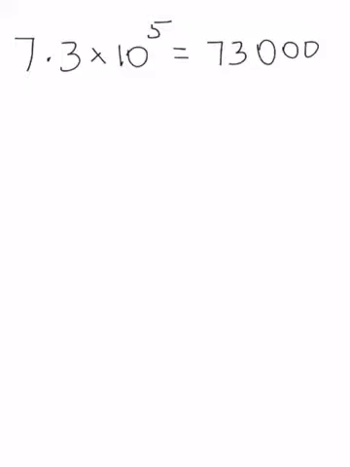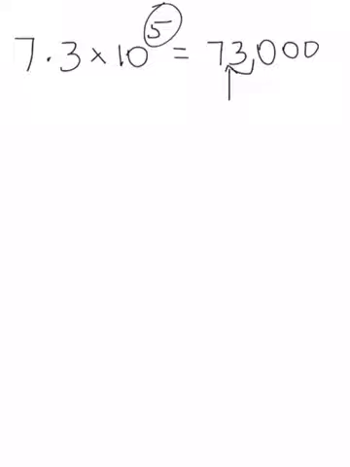Something else that we have in indices is scientific notation. If I have something like 7.3 times 10 to the 5, if I want to write that as a normal number, the 7 and a 3 is still there. We'll need some zeros, don't know how many, but the decimal point was there. But because of the power of 5, I want to make it 5 times bigger, in powers of 10.